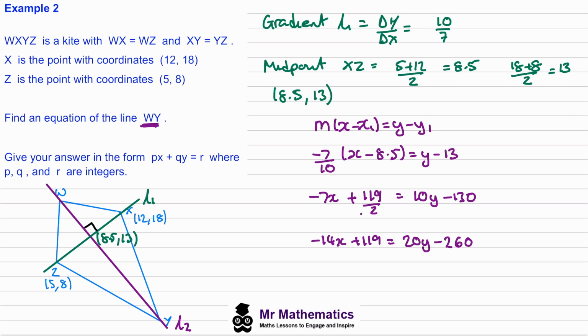And then we can move the negative 14x to the right-hand side and the negative 260 to the left-hand side. So we get 14x plus 20y will equal 379. So we can see that P will be 14, Q will be 20, and R will be 379.